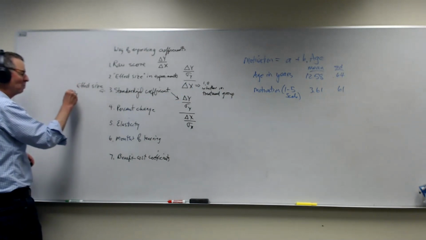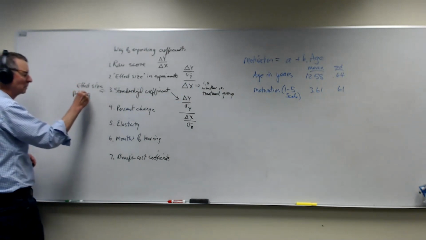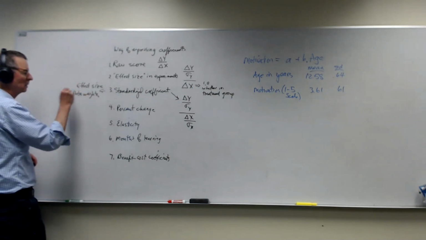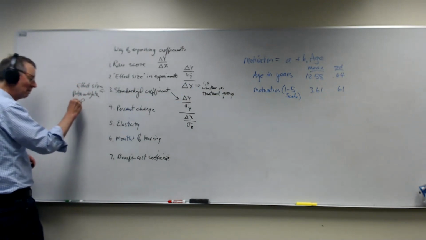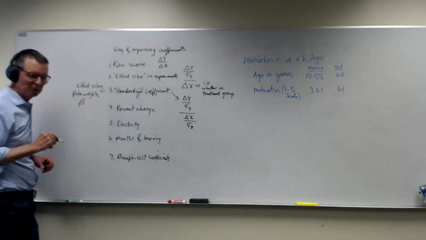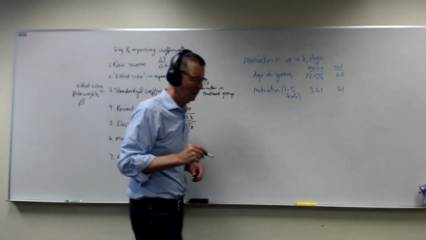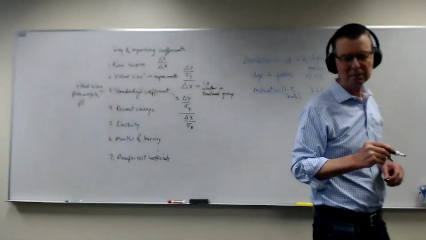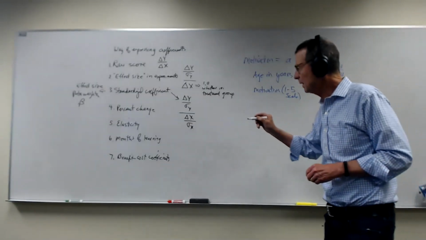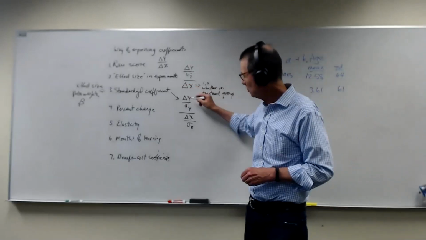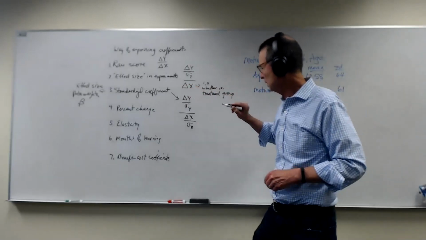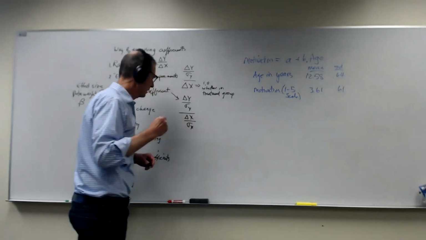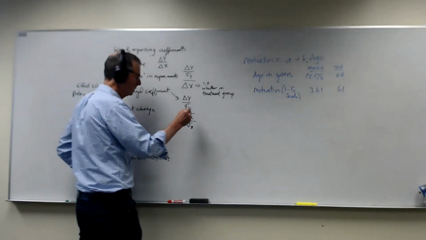They're sometimes called beta weights. Sometimes people distinguish between B and beta, and they reserve beta for standardized coefficients. So it's really just doing a double standardization.